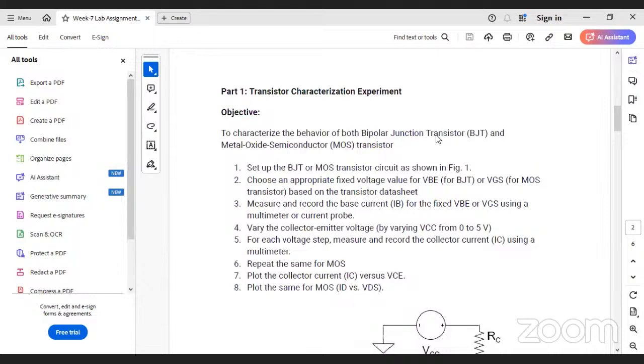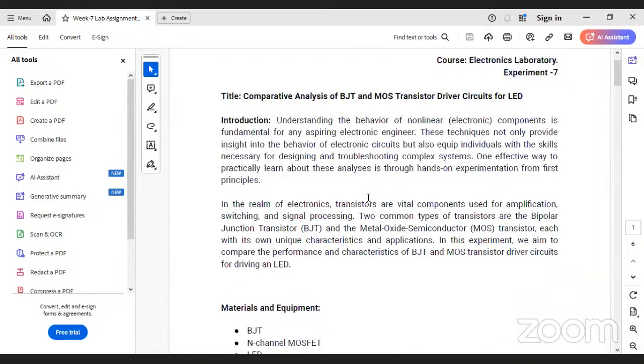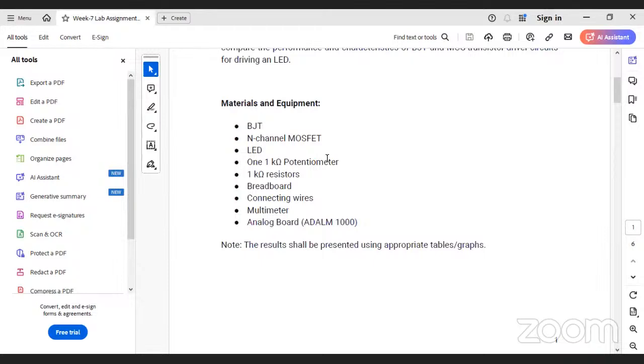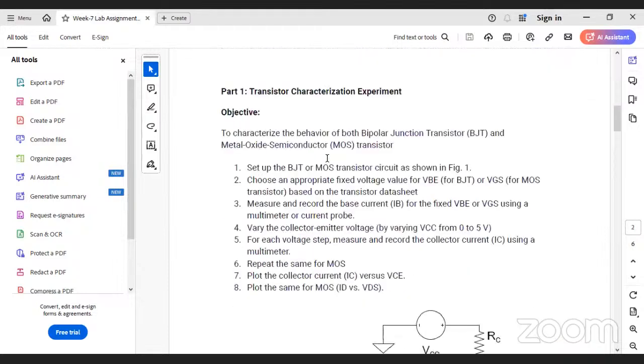So this experiment, first of all, aims to understand the behavior of nonlinear components in electronics, that is BJTs, MOSFETs, different types of transistors. Mainly we aim only at BJT and MOSFET, that is metal oxide semiconductor transistors.